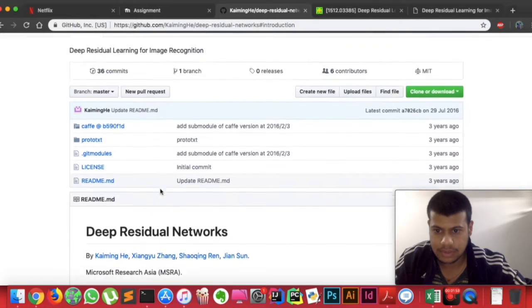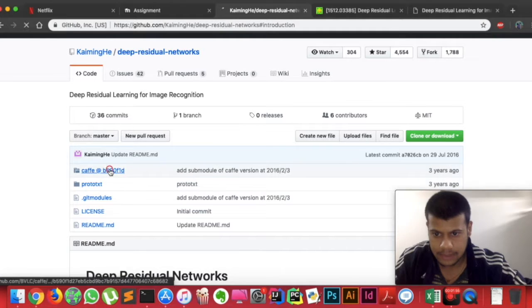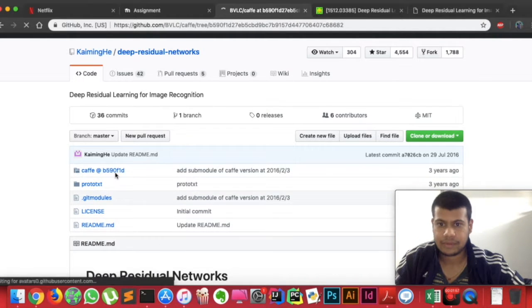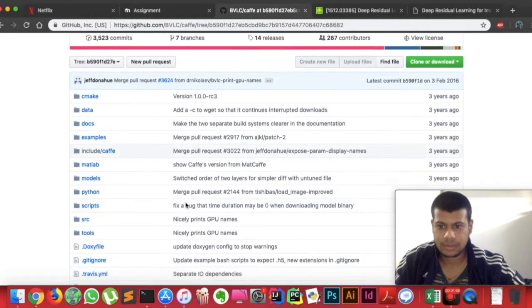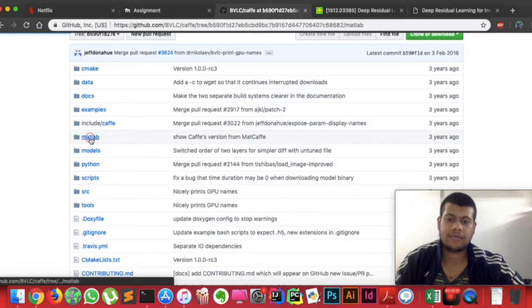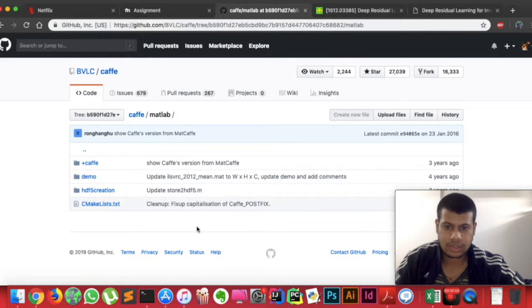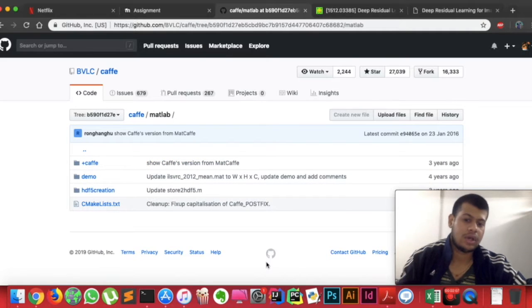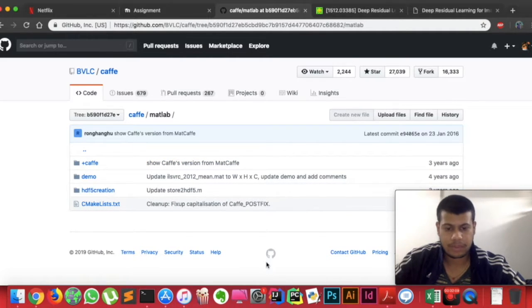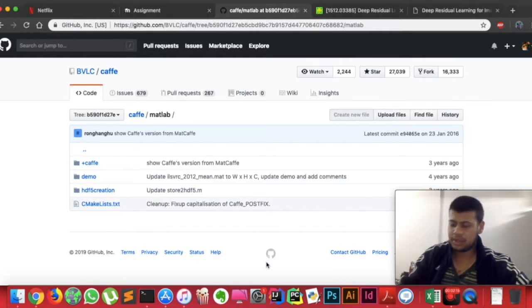Okay, they've used Caffe, it seems. Okay, that opens up. We've seen they have Caffe versions, and a MATLAB Caffe version, so you can probably implement the whole thing on MATLAB, which is way faster and less hefty.